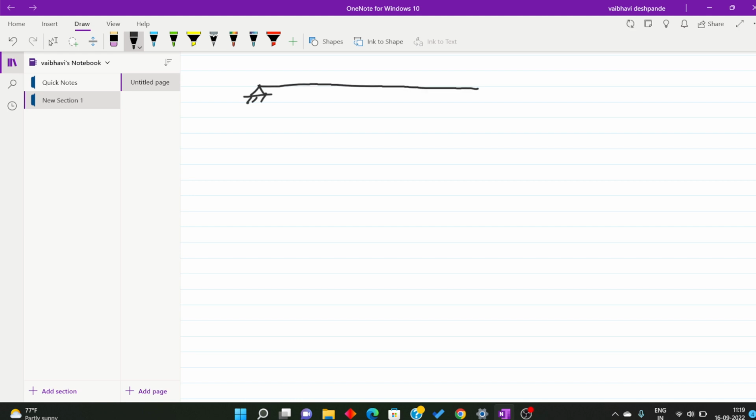Okay, and first there is a 100 kilonewton point load. It is at a distance of 3 meters. Then there is UDL of 20 kilonewton per meter, and it is spread over a distance of 3 meters.